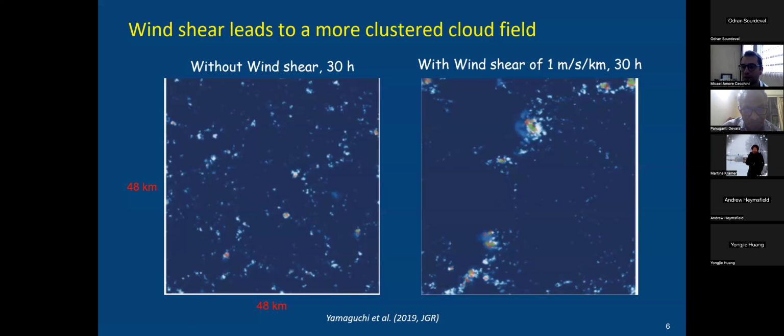But if you think about a cloud field, the situation changes a little bit because there are competing effects. One effect is the first one that I mentioned. The second effect is that evaporation at the cloud edges releases moisture, and then the next generation of clouds will tend to form in that region because it's easier to form a cloud there than in other places that are drier.